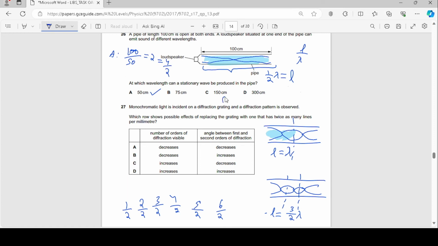As for B, we have 100 over 75 as the ratio of L over lambda, because L is 100. That makes much more sense, actually, now that I think of it. Anyways, this will be 4 over 3, which is not a multiple of half.